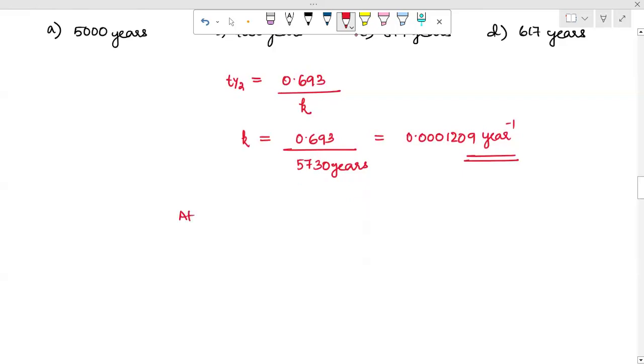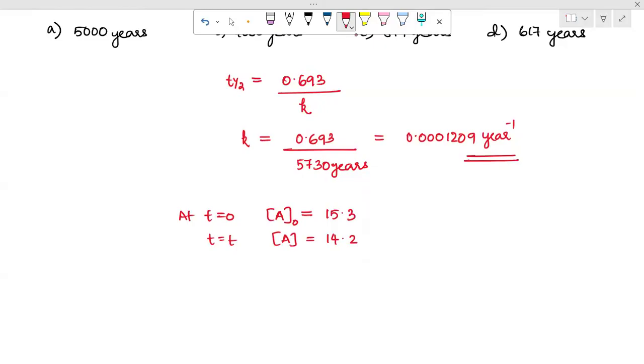Now what is given? At T equal to 0, your initial concentration, instead of concentration, they have given it in terms of disintegrations. That is fine. It was 15.3, whatever units, they are the same. And at some time t, the final concentration has become 14.2 disintegrations per minute per gram.